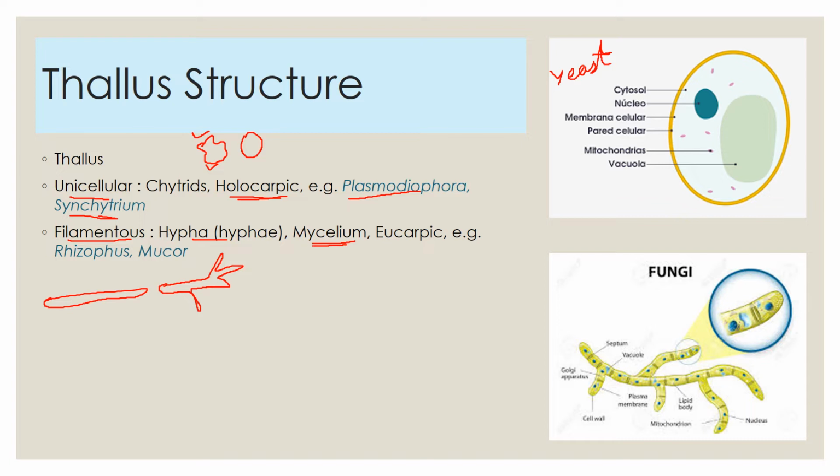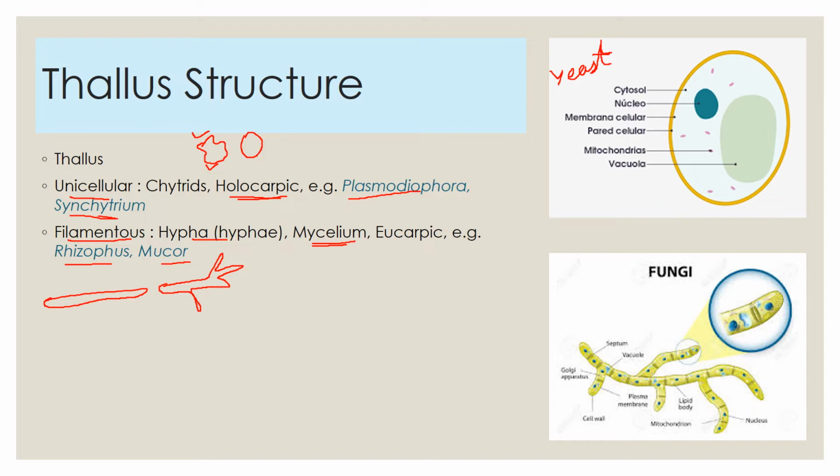Especially in our MSc syllabus, we have Rhizopus and Mucor. They form visible mycelium. We can even see Penicillium mycelium on the surface of bread.